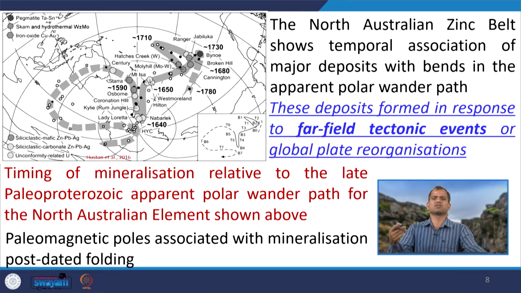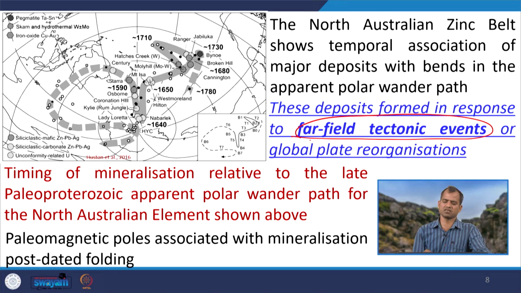And this North Australian zinc belt shows a temporal association of mineral deposits related to far field tectonic events, that is, a change in the plate movement direction. For example, if you see here, this is the reconstructed path of the plate, and wherever there is a bend in this movement, there will be mineralization.